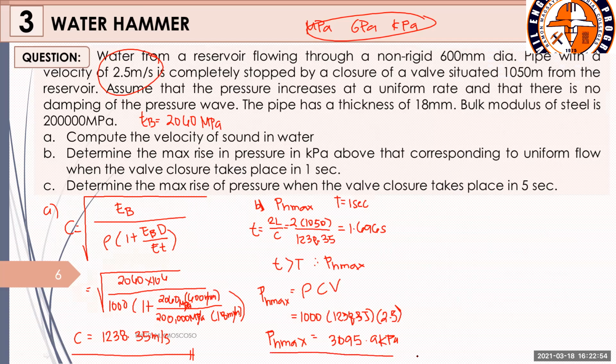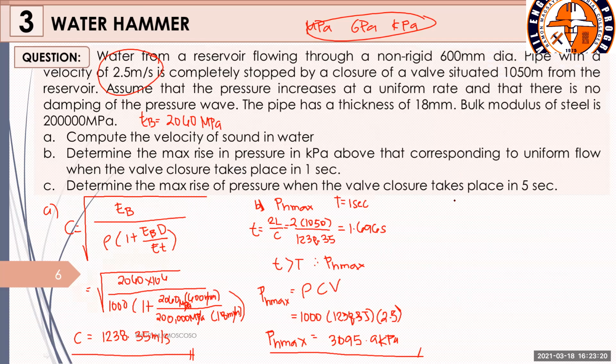So therefore, we can conclude that when the time of closure is 1 second, nagkakaroon ng maximum rise in pressure, and that would be 3,095.9 kPa.